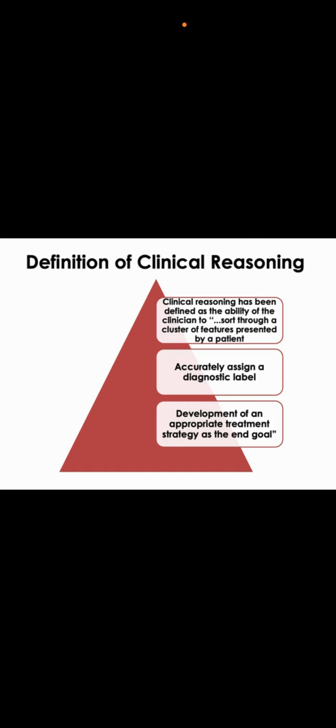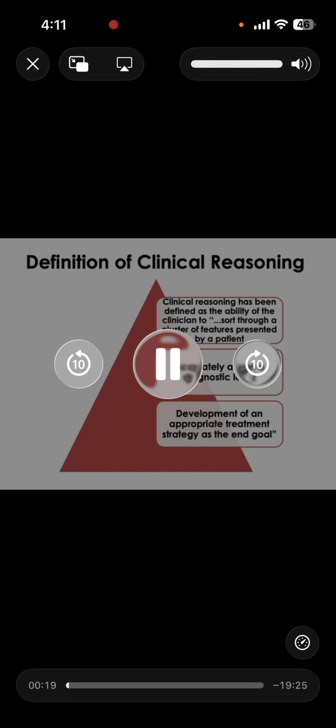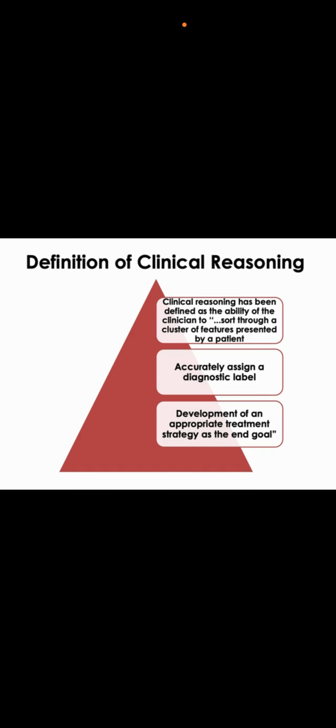The definition of clinical reasoning is the ability of you, the clinician, to sort through a cluster of information presented by a patient and accurately assign a diagnostic label, with the development of an appropriate treatment strategy as the end goal.